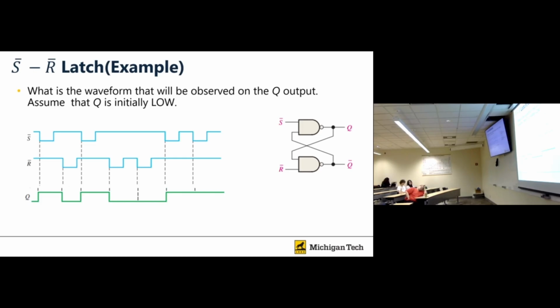Okay, what about you do this? This is S bar and R bar, and Q is 1.